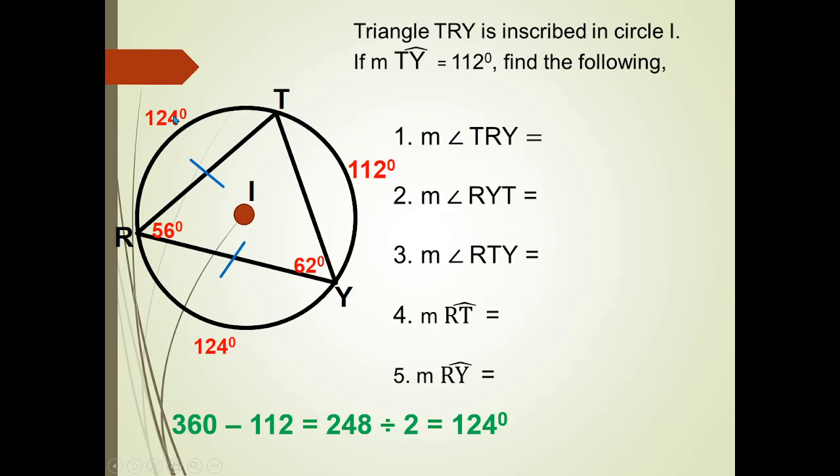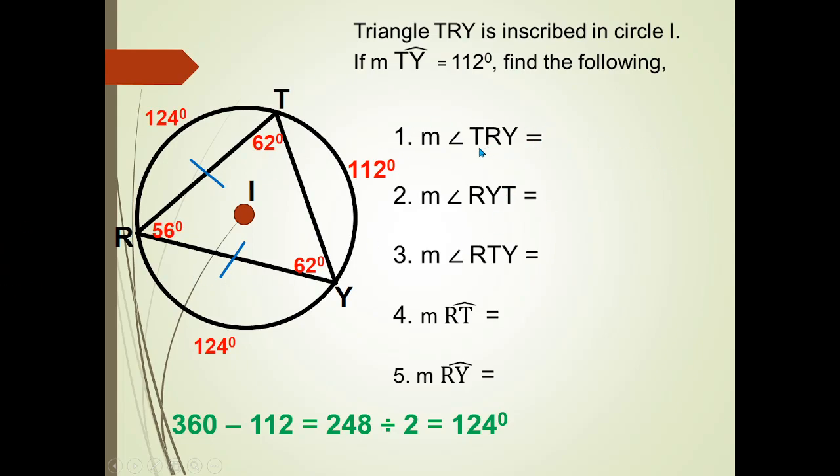Since this is the intercepted arc of angle y, which is an inscribed angle, we get half of 124, which is 62. The same with this one. Also remember the theorem about the isosceles triangle: the base angles of an isosceles triangle are equal. Okay, so it's complete. We can now proceed in answering the questions.